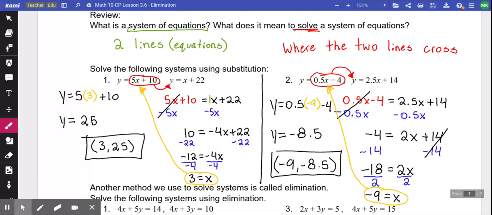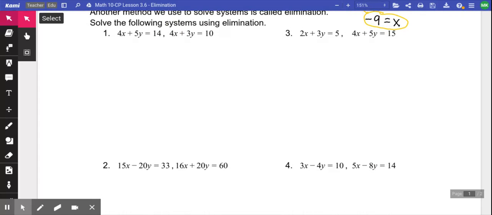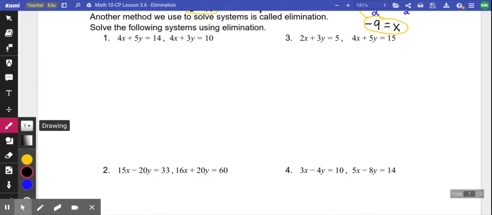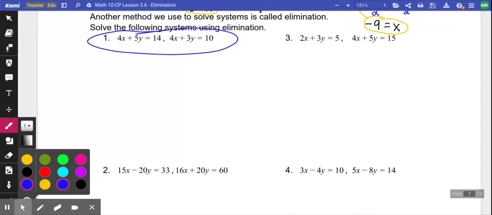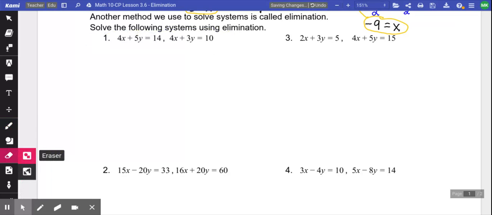So these questions are nicely built for substitution questions. But the next questions we look at, for instance, let's scroll down and look at one. This question is not set up nicely for substitution. The reason it's not nice for substitution is I don't know what x equals in either of those, and I don't know what y equals.